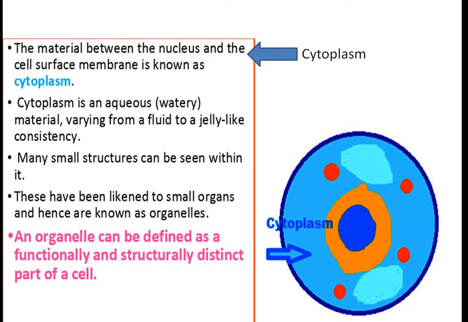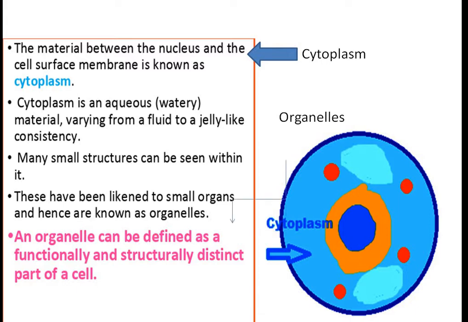It is aqueous, watery material varying from fluid to a jelly-like consistency. You have read it again in your previous classes. There are two states, gel state and solid state of protoplasm. Then there are many other structures that can be seen within this cytoplasm. These are called organelles.